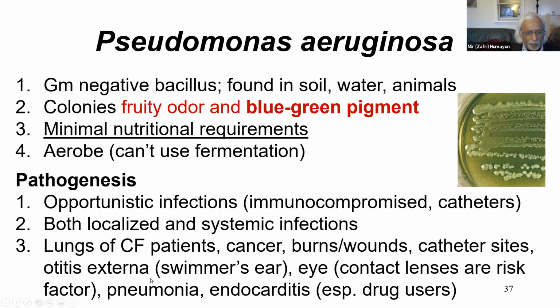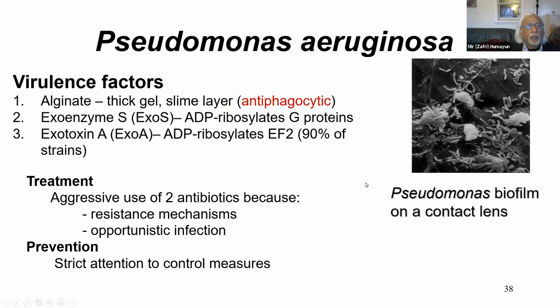Some examples of situations where Pseudomonas infects patients are given here. The virulence factors for Pseudomonas aeruginosa include alginate, which is like a thick gel, with the same function as other similar protective envelopes, that is, it is anti-phagocytic.